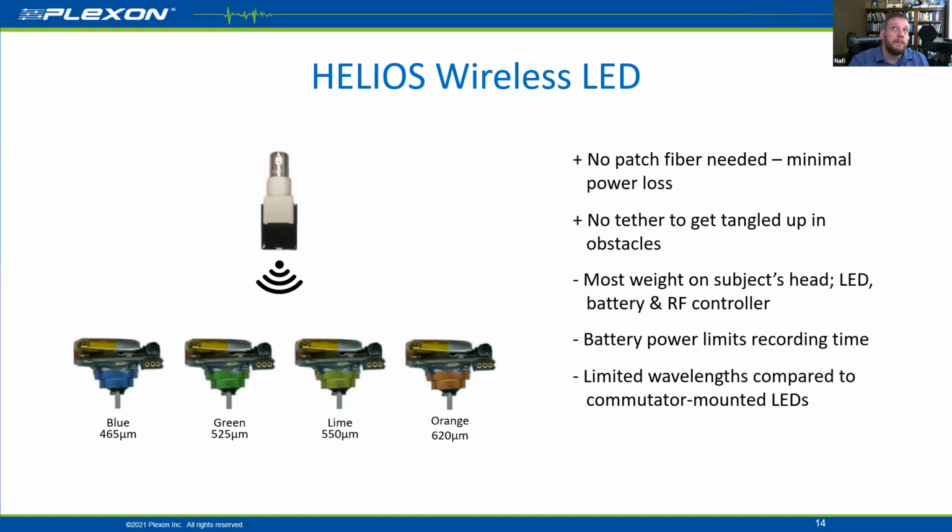However, since you are now adding a battery and a receiver-transmitter to the LED, this puts the most weight on the animal's head. So unless you absolutely need it because you do have this complex environment, I would advise looking at the other solutions.